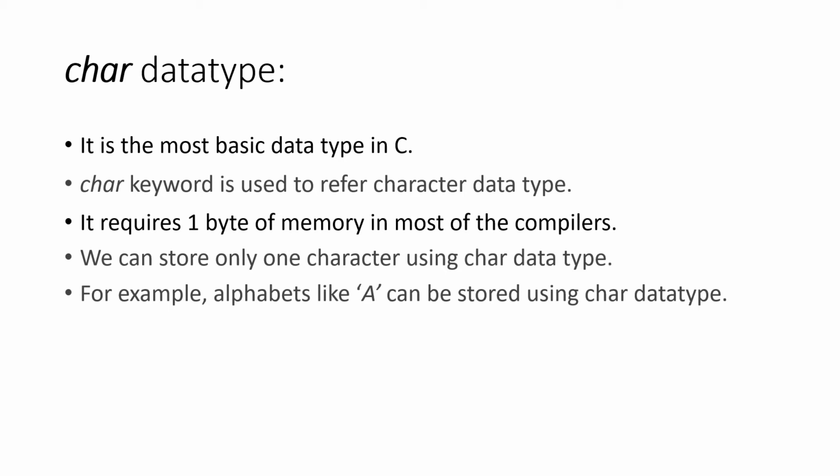It is the most basic data type in C. The char keyword is used to refer to character data type. It requires 1 byte of memory in most compilers. We can store only one character using char data type. For example, alphabets like A can be stored using char data type.